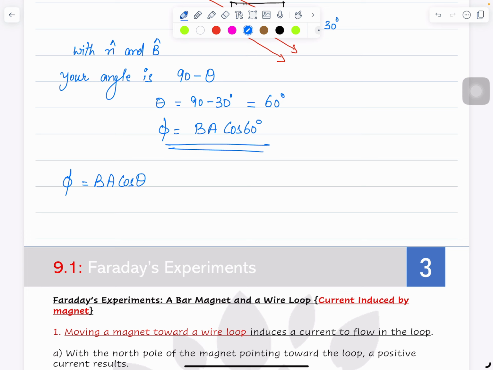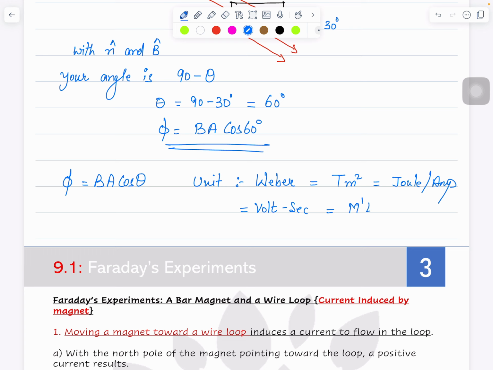So we are solving flux, which is B A cos of theta. So what is the unit? The SI unit is Weber, or you can say Tesla meter square, or you can say Joule per ampere, or you can say volt second, and the dimensions are M1 L2 T minus 2 A minus 1.